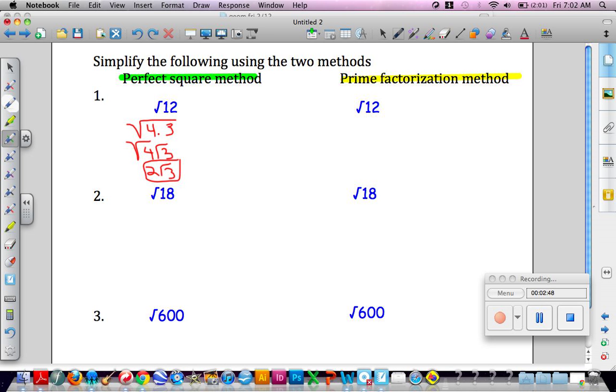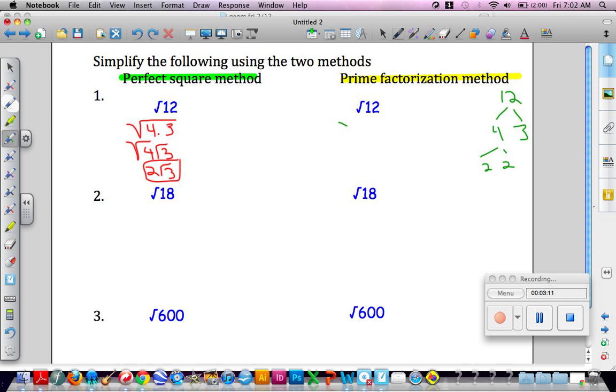Let's take a look at our other method, prime factorization method. In this method, you have to make a factor tree, prime factorization. We talked about that a number of chapters ago. So when I make the factor tree of 12, it's 4 times 3, and break 4 down, which is 2 times 2.